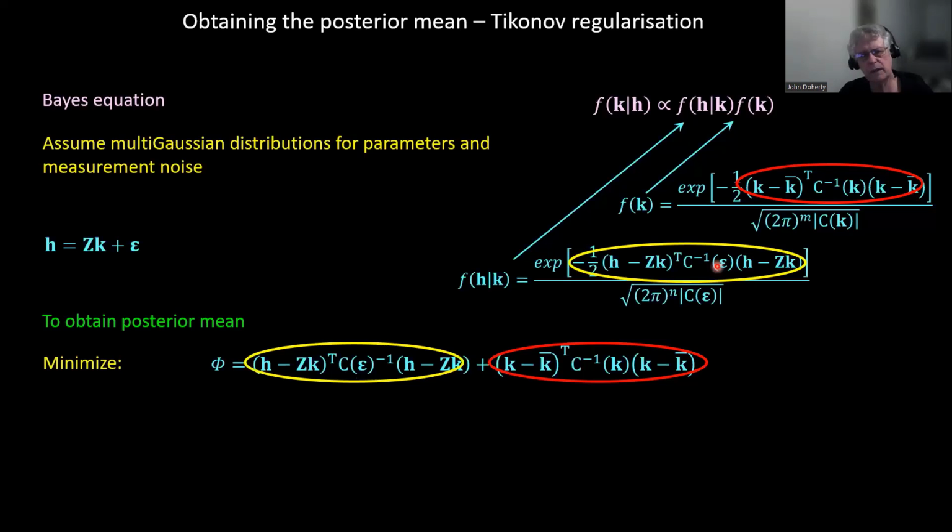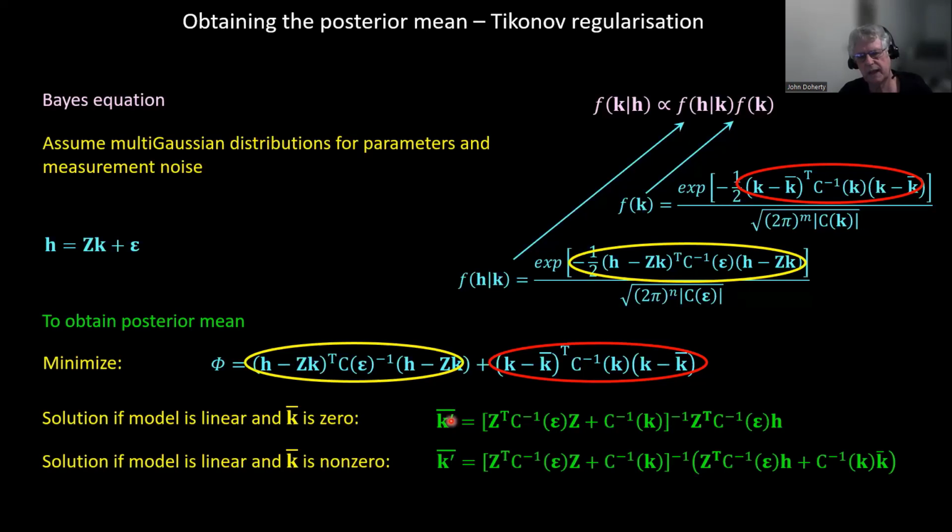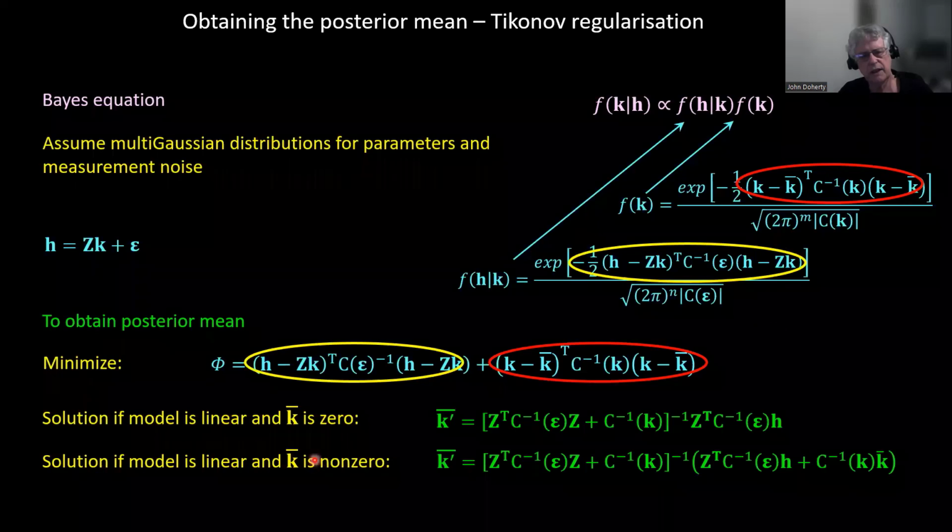And when I minimize that objective function, here's our old friend that we derived last webinar and we saw again this webinar, the posterior mean calculated through sensitivities using this matrix equation with this inversion here that has to be done to calculate the posterior mean. If I assume that the prior mean is non-zero, this equation is just slightly modified to accommodate that. Same principle though.